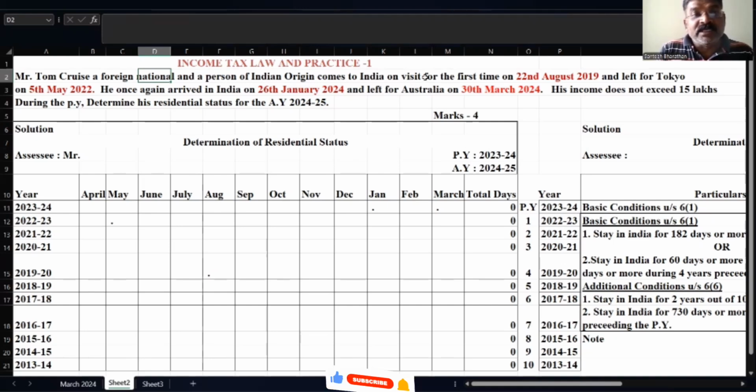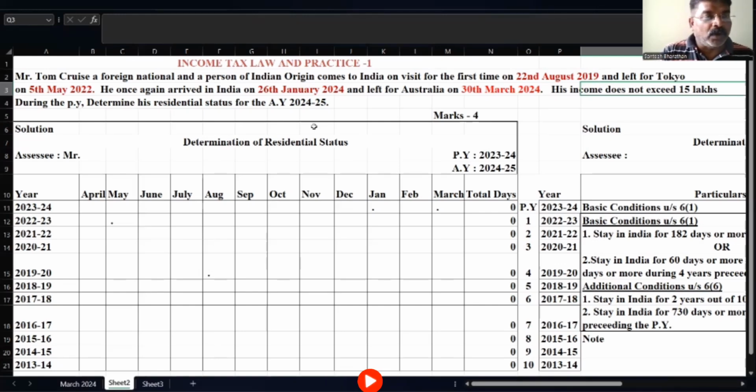He comes to India on a visit. Tom Cruise is coming to India on a visit for the first time on 22nd August 2019 and left for Tokyo on 5th May 2022.